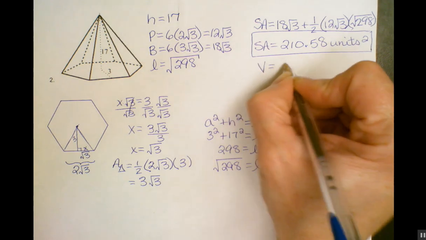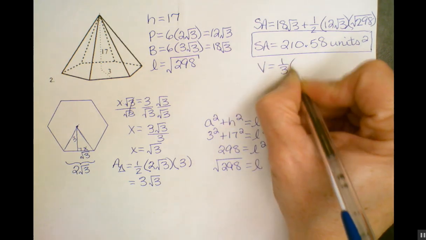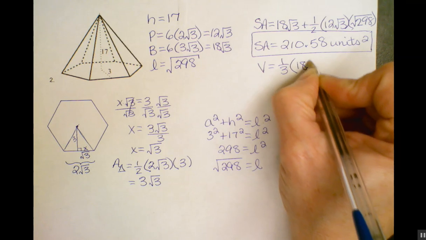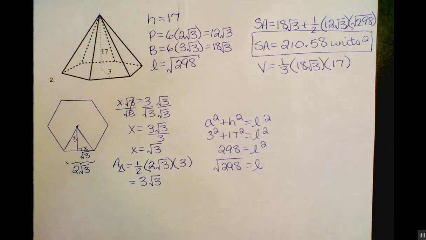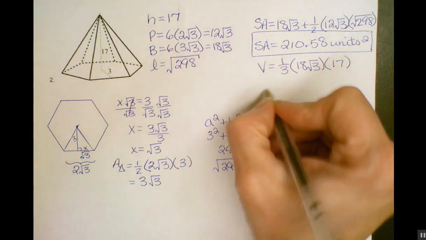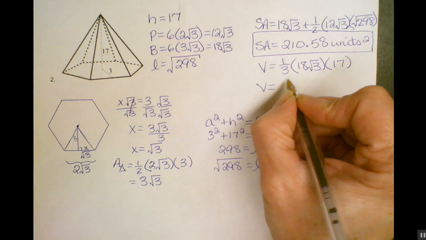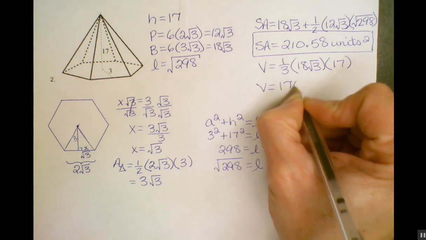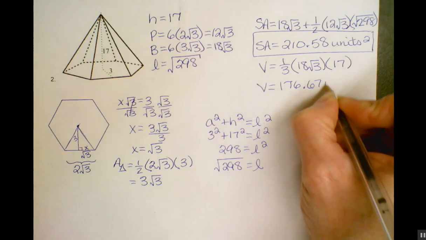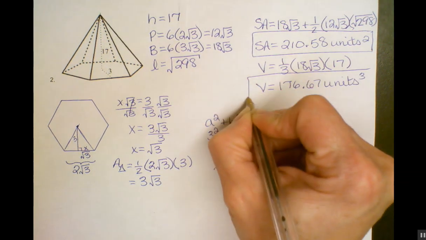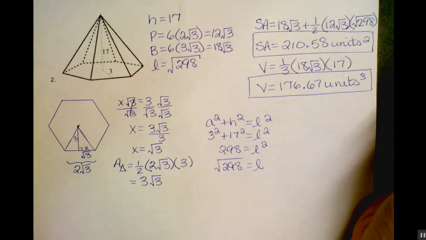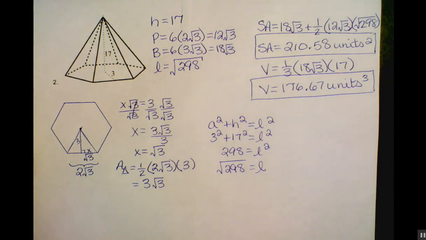The volume, 1/3 times the area of the base times the height, 17. Gives us a volume of 176.67 units cubed. And that is how you determine the surface area and volume for a hexagonal pyramid.